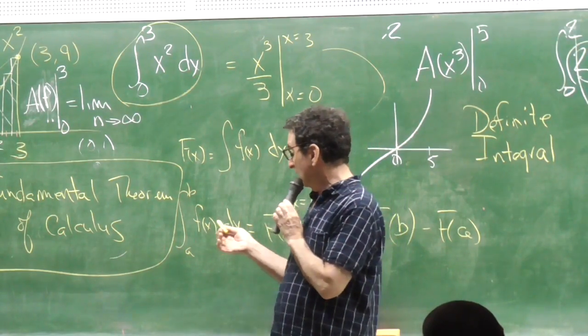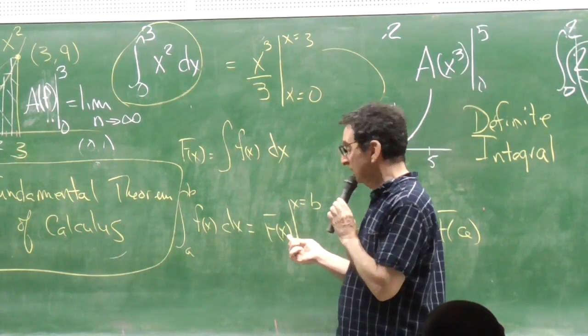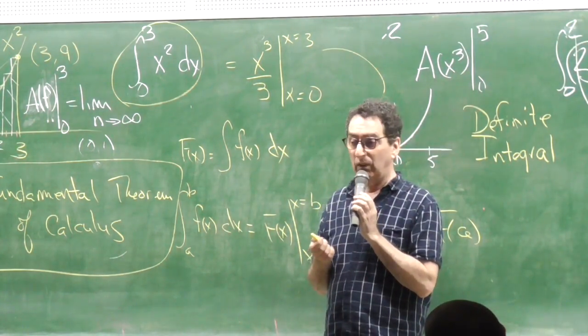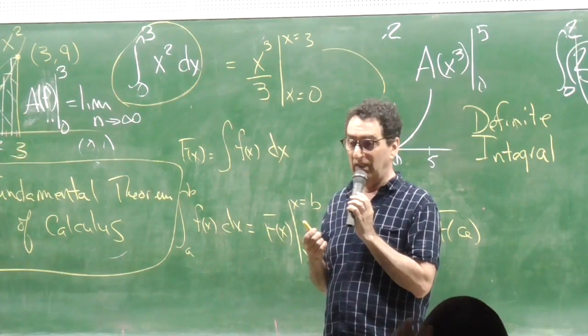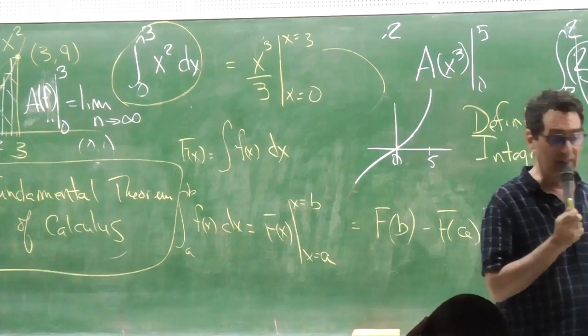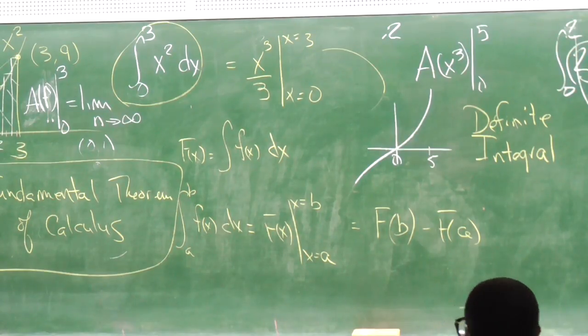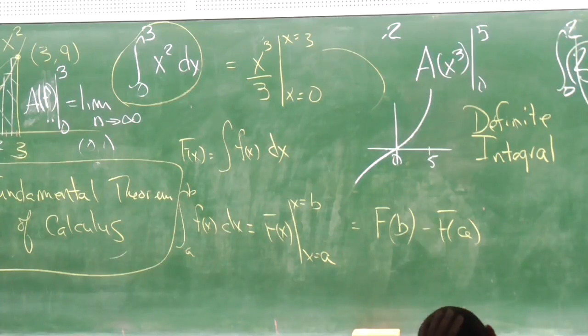And this tells me that to find area, you can use slopes or antiderivatives. So that's called the fundamental theorem of calculus. And now we know how to do definite integrals.